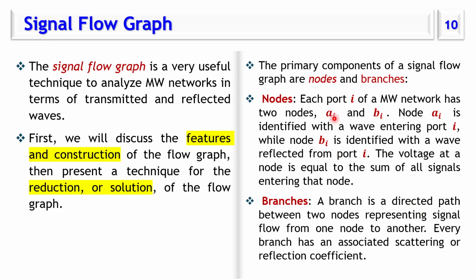The reflection from port 1 will be going out of B1. If there is a transmission from port 1 to port 2, it will go from A1 out of port 2, to B2, and so on and so forth. And we're going to see this.